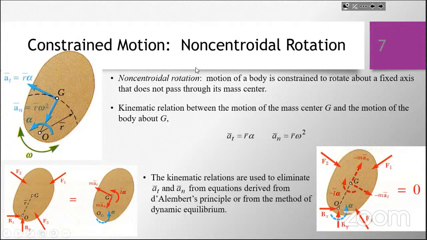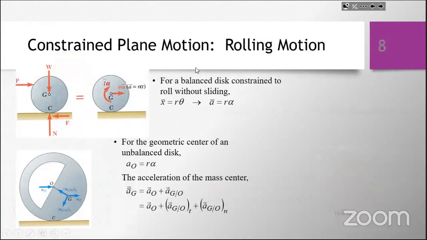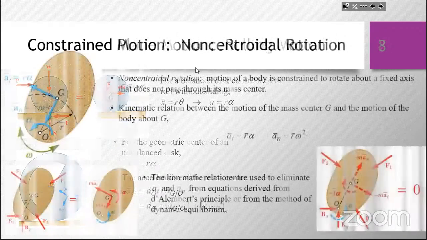We know the tangential acceleration is r times alpha, and we know that the normal acceleration is r times omega squared, right? So the translational acceleration depends on the rotational components, the rotational acceleration and the rotational velocity.